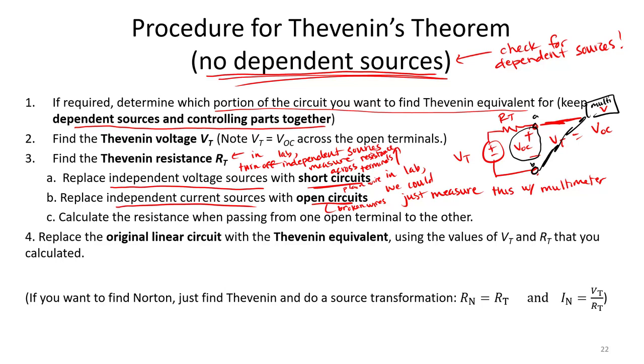That essentially turns off those independent sources. Once we've turned off those sources, we calculate our resistance from one terminal to the other. In this case, I would go from terminal A to terminal B, and calculate how much resistance I see when I pass from the first open terminal to the other one.